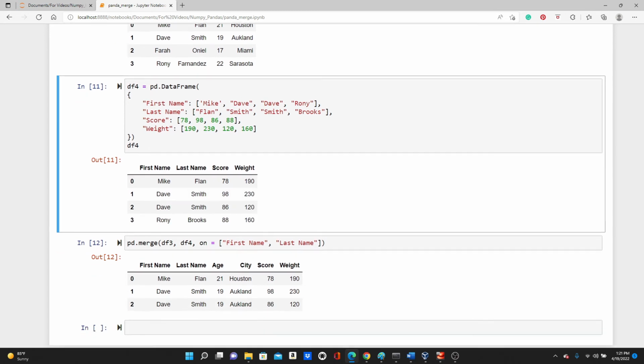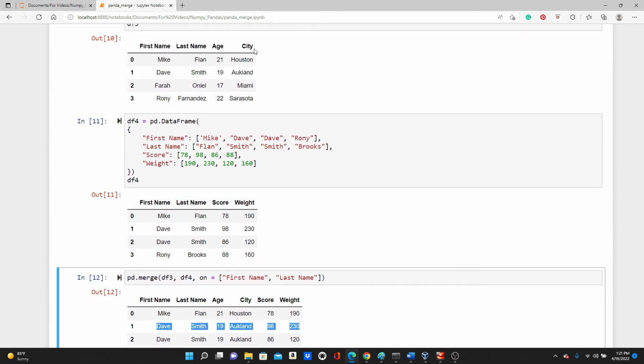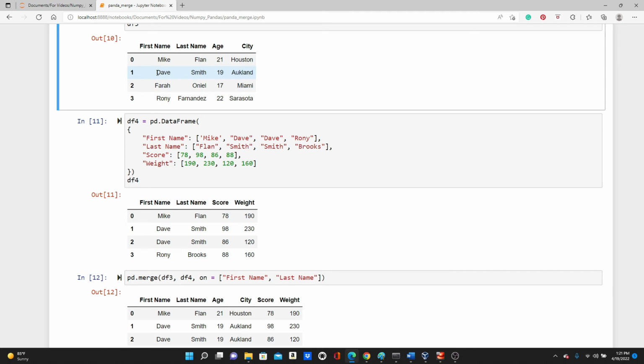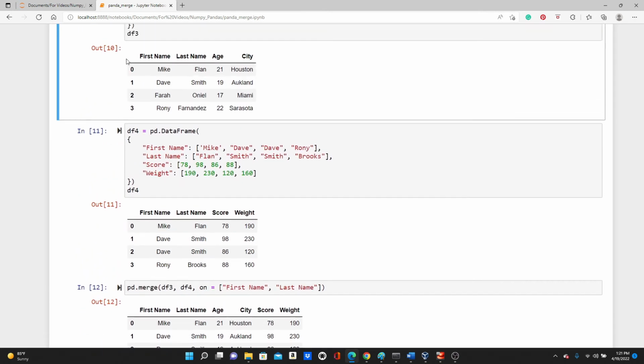And in merge operation, what happened? DF3 19 Aukland, 98 230. So what that means? Look, this is Dave Smith 19 Aukland. It merged with this one. And when we have another Dave Smith 86 and 120, this Dave Smith also merges with this same Dave Smith, which is very wrong, because this Dave Smith cannot be both of them, right?